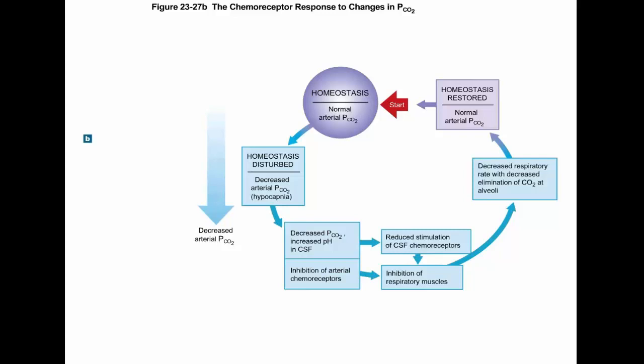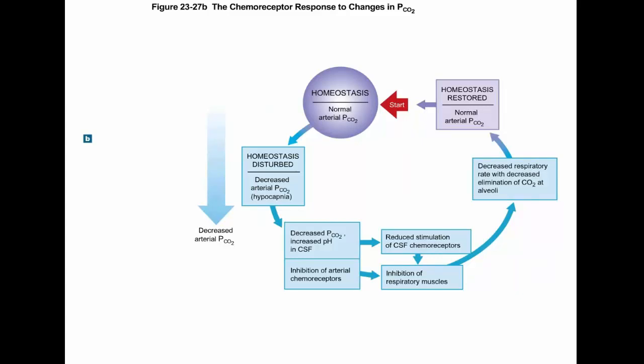Then we move to a disturbed situation. Homeostasis is disturbed, and in this situation we have a decrease in arterial partial pressure of carbon dioxide from hypocapnia. This results in a decrease in carbon dioxide and an increase in the pH, and this is detected in the cerebrospinal fluid.